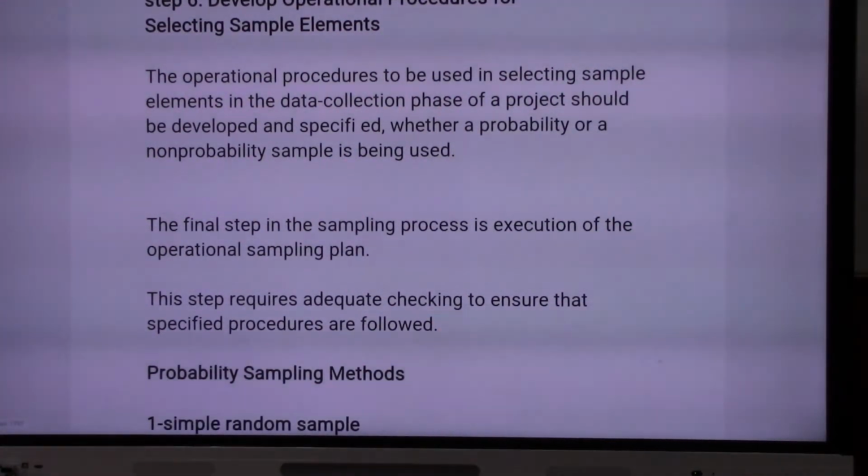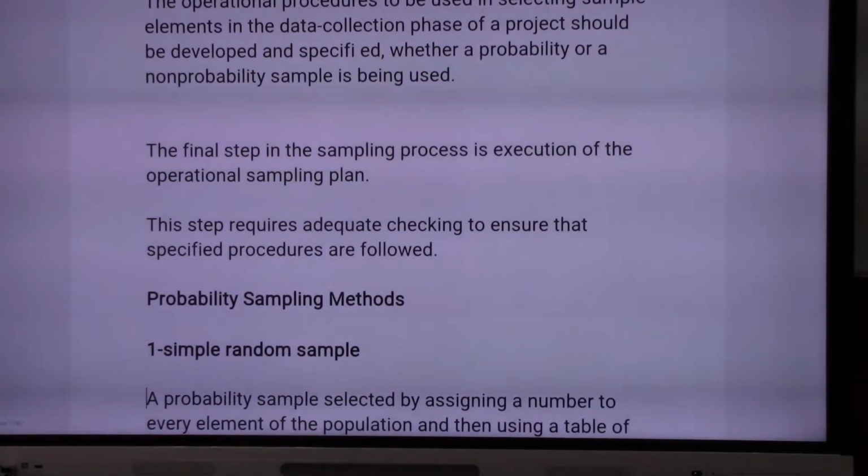Let's explain in more detail the probability sampling methods. This category contains a lot of methods to select samples randomly.